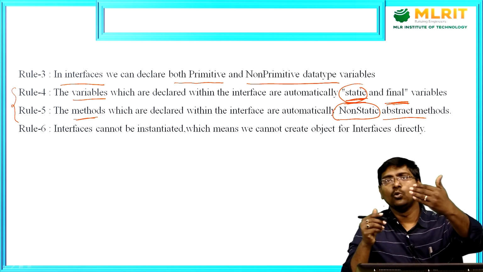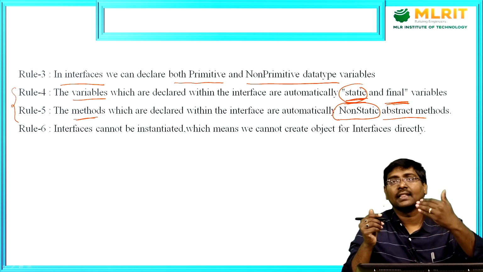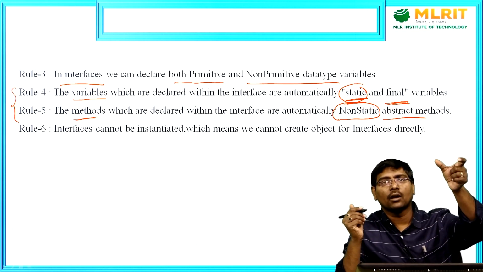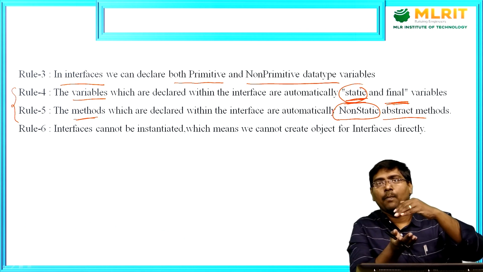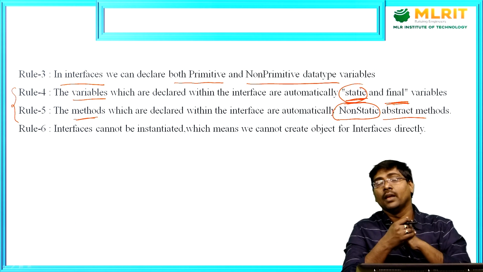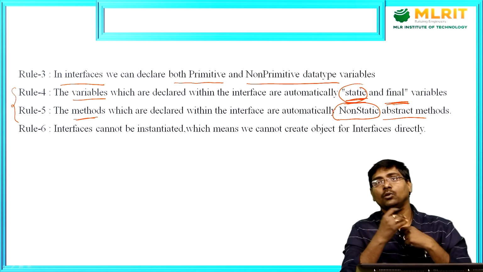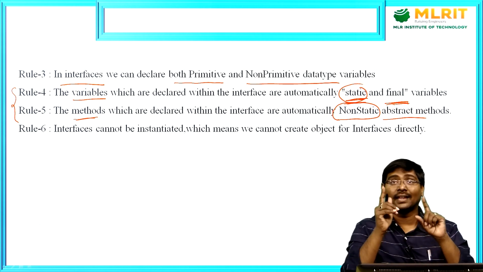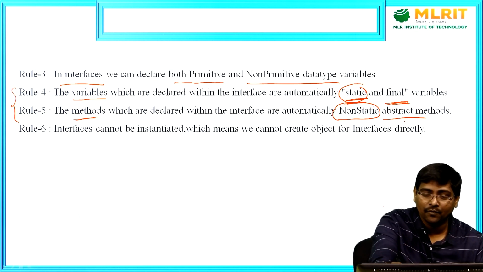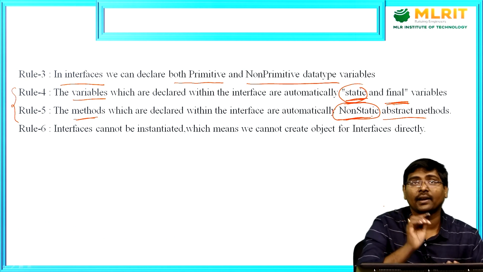You need to create one class. That class implements the abstract method of the interface, and by using this class only, we can access the abstract method. If it is static, it is not possible to access it by using an object. That is the reason all the methods in the interface are non-static.